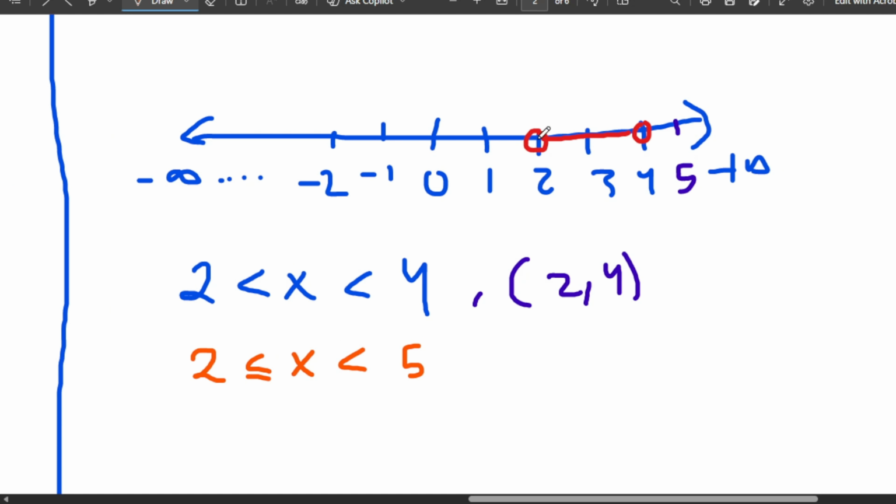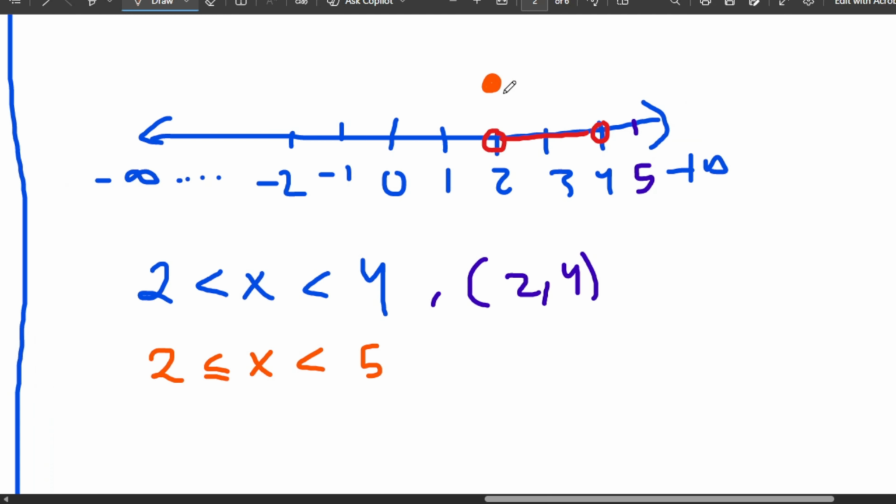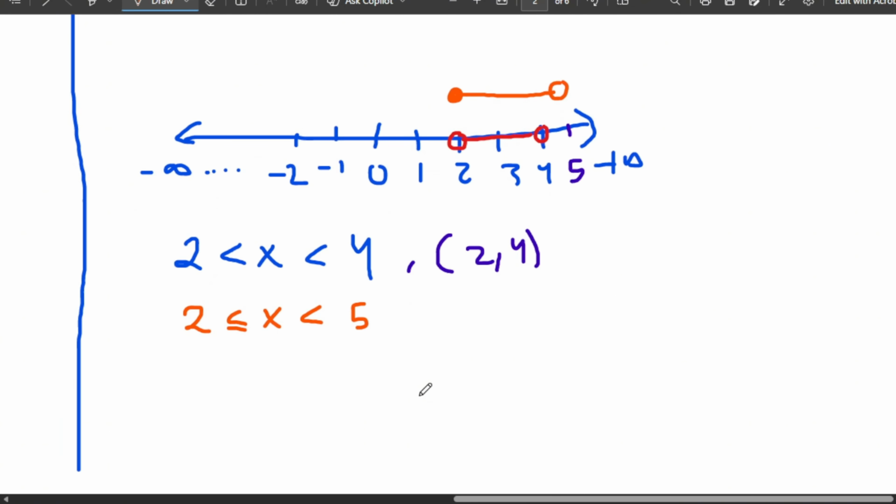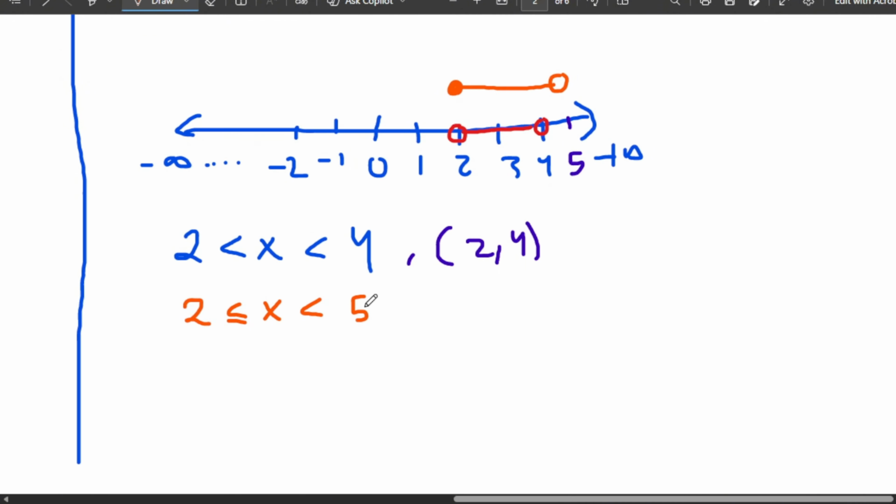So this is 2, with a closed circle, and we go to 5, but with an open circle because it doesn't equal 5. So this will be a closed bracket 2 and an open bracket 5.